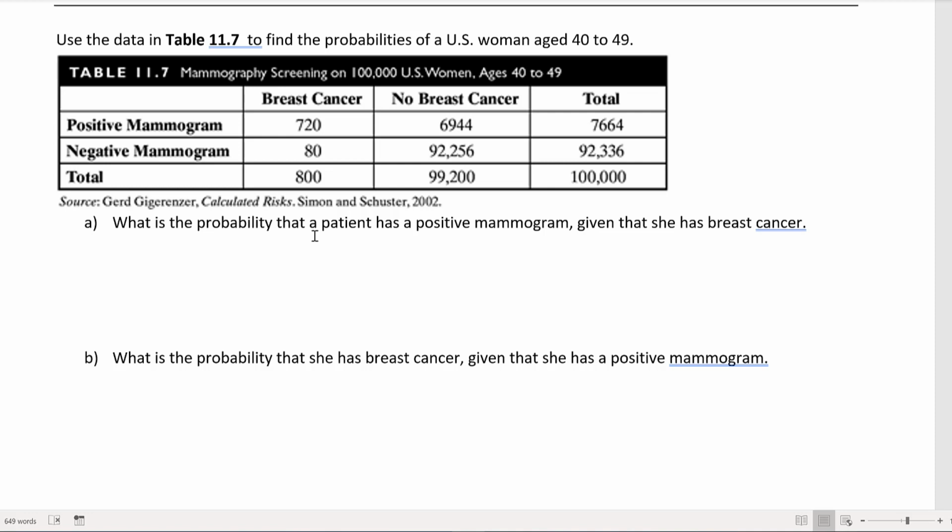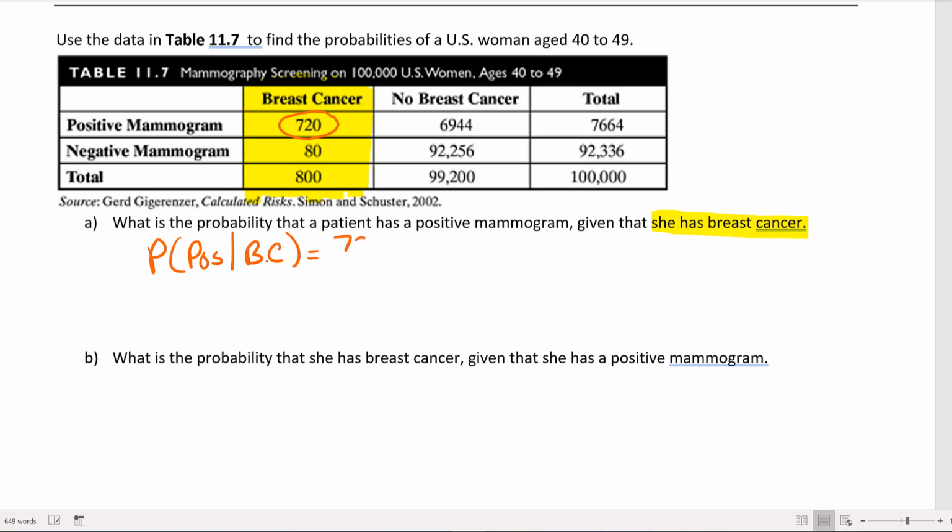The first question is, what is the probability that a patient has a positive mammogram given that she has breast cancer? Because I know this patient has breast cancer, I'm only going to look in the column for breast cancer. I'm going to shorten that up a little bit. How many positive mammograms do we have?